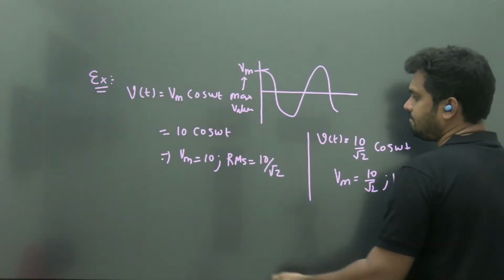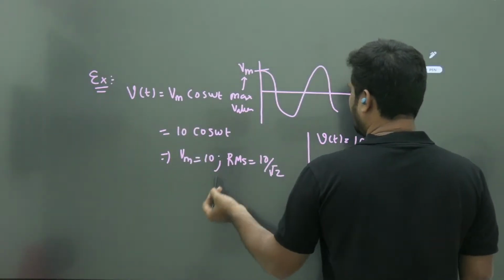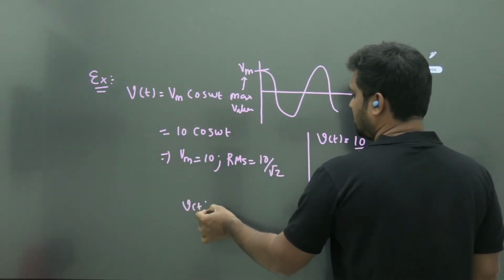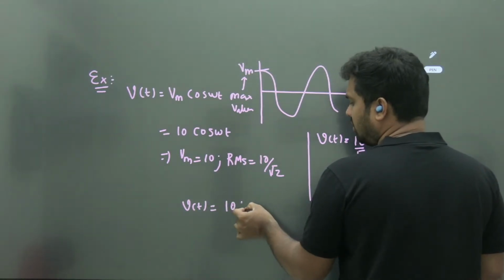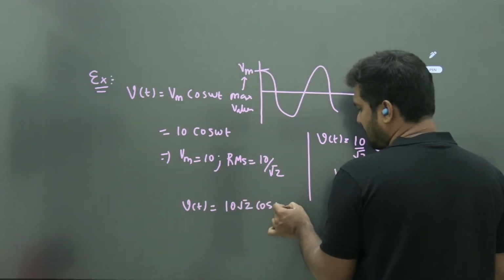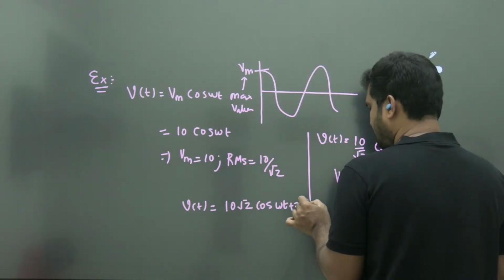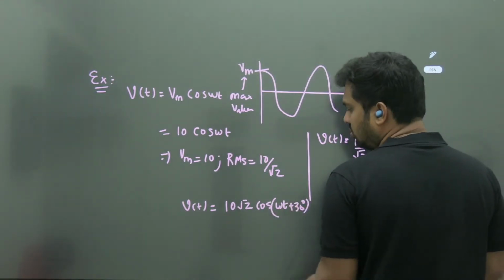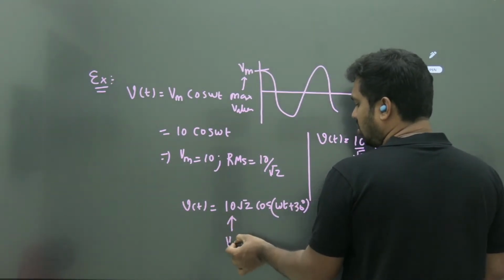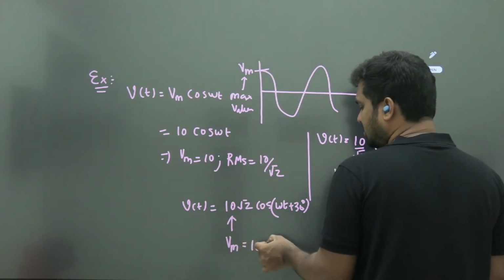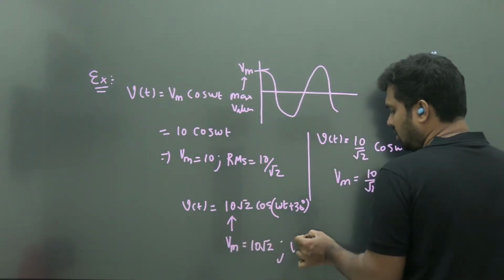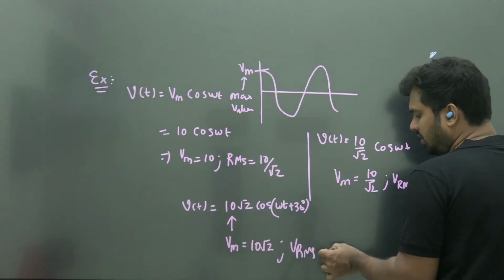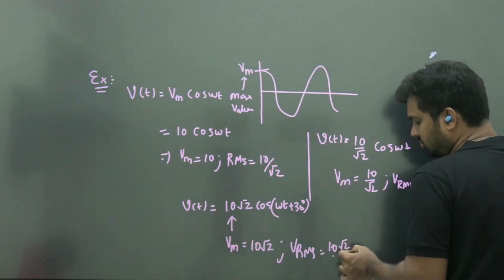Similarly, suppose you have V of t equal to 10 root 2 cos omega t. Here also this coefficient always represents the maximum value, and the RMS value will be maximum by root 2.